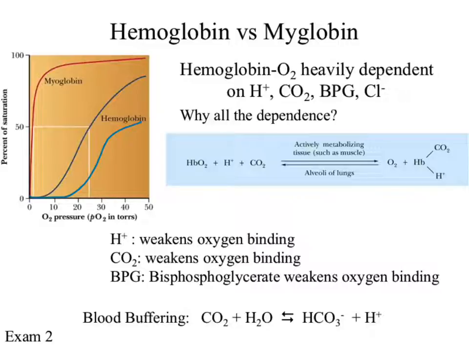Making that curve, say that again? More sigmoidal. Okay? There's now a stronger effect of oxygen binding. What happens if the oxygen binding becomes stronger?